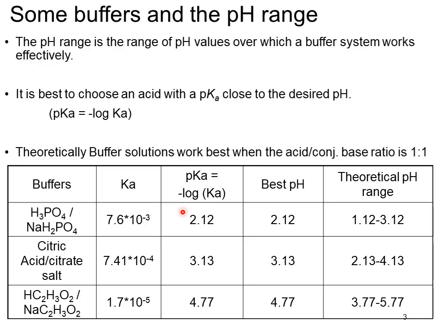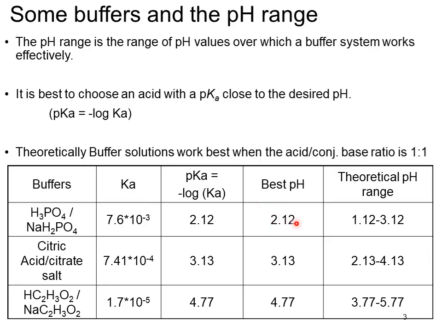Well, now notice, if we have a buffer that has exactly a 1-to-1 ratio of phosphoric acid to sodium dihydrogen phosphate, that pH is going to be exactly 2.12. So that pKa serves as a really handy way to figure out what that buffer is going to be best at.